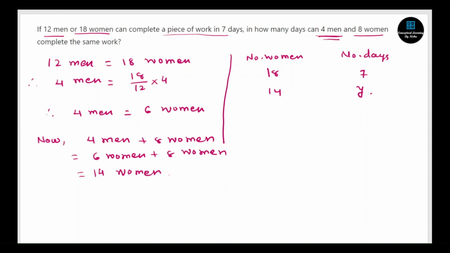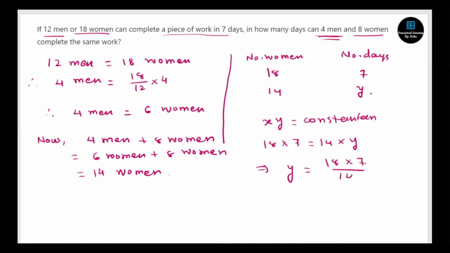This is very easy now. As we have inverse proportionality, I can say xy equals a constant, because they are varying inversely. So 18 into 7 equals 14 into y. Now I can find y by dividing both sides by 14. So 18 into 7 upon 14. So what do we get? y equals 9 days.